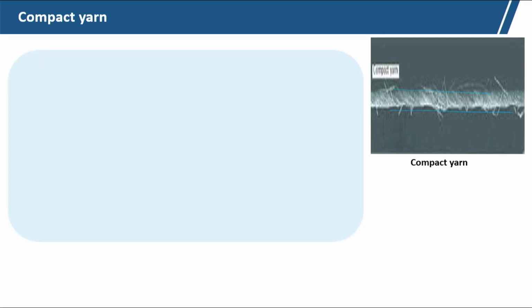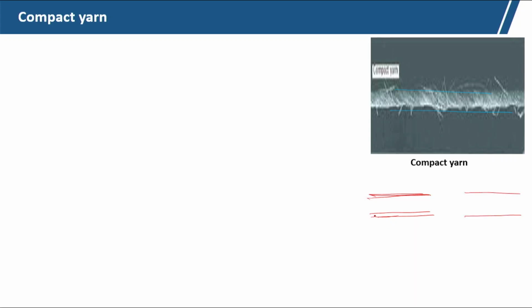Now, the difference between normal ring spinning and compact spinning is basically the spinning triangle width. This is the front roller of ring spinning.